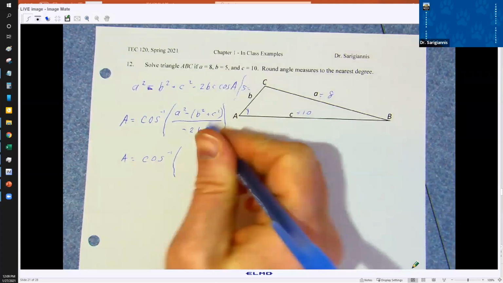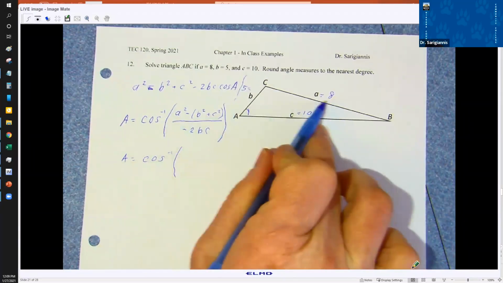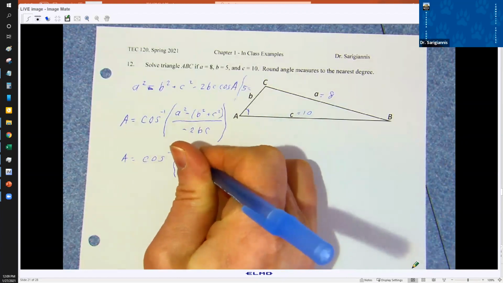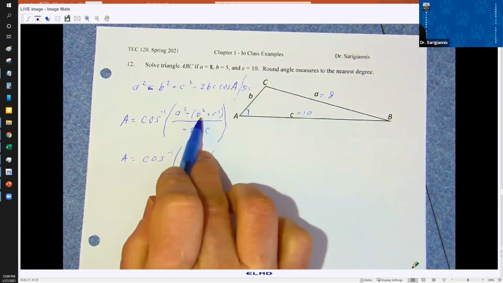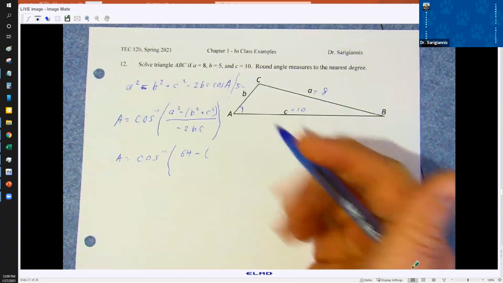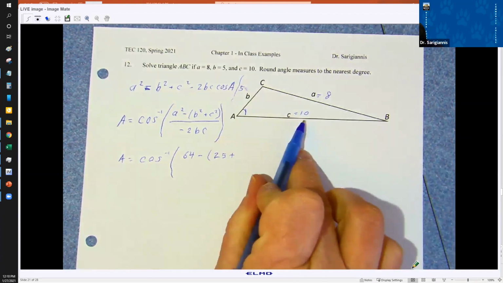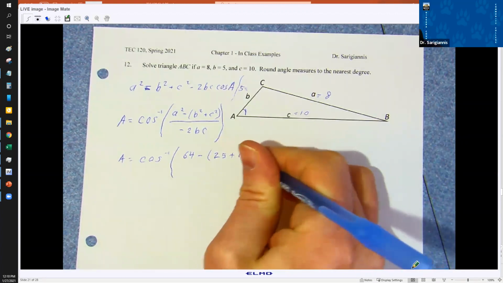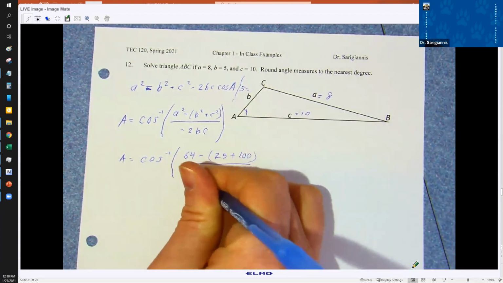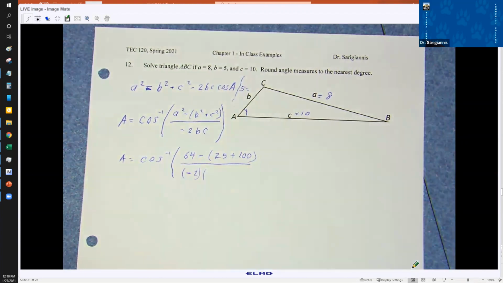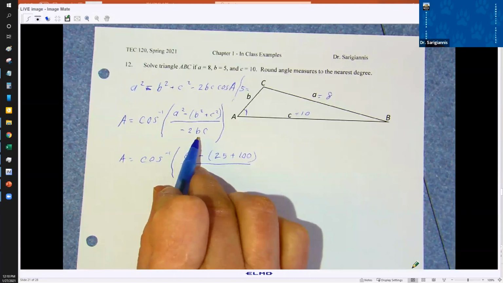All right, so what do I have? I've got little a is 8 squared. 8 squared is 64, that's fairly straightforward. Minus b squared is 25, so 5 squared, 25, plus 100, divided by -2 times BC.